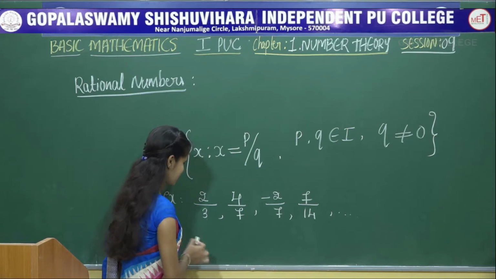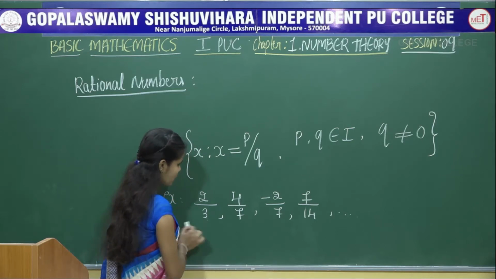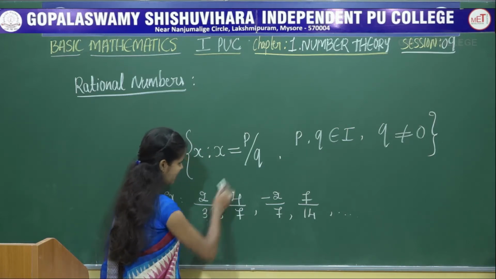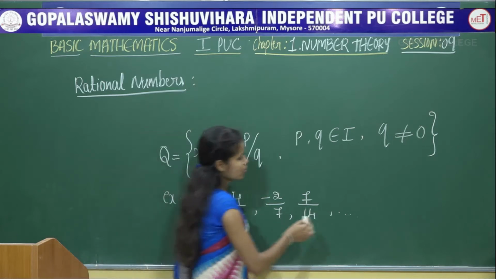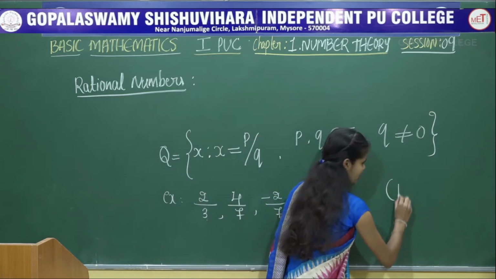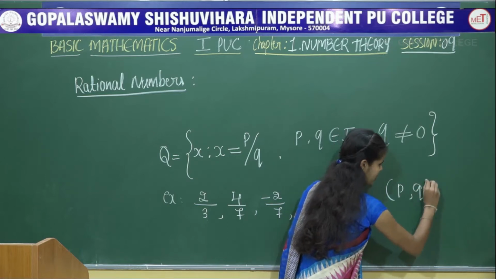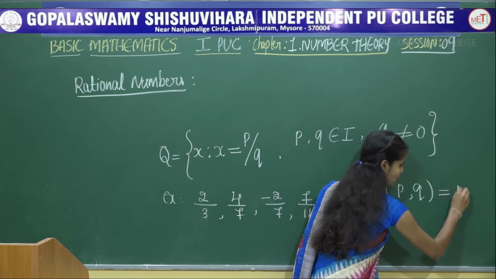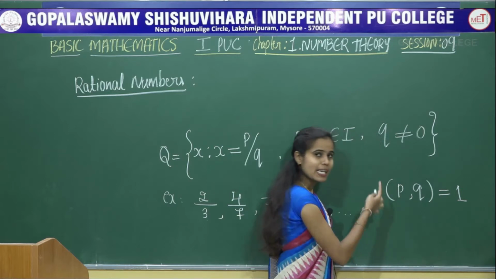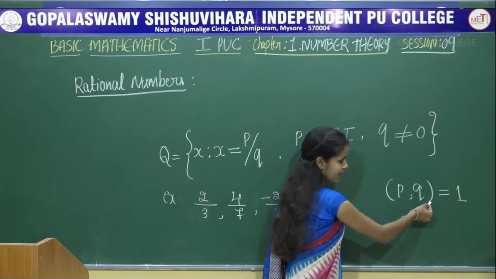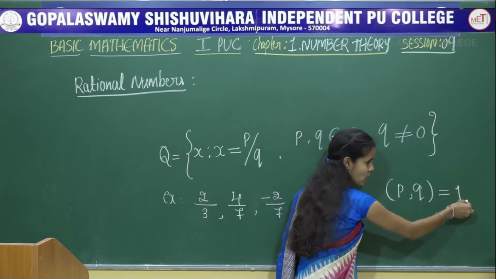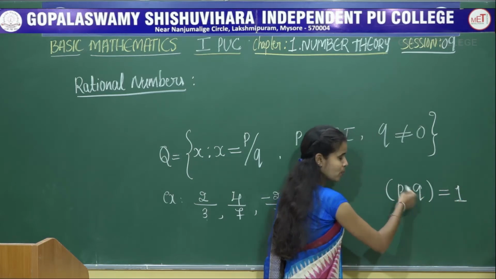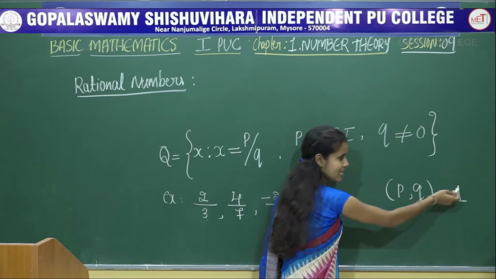Okay. Here observe, suppose a rational number is in the form of P by Q. Suppose the GCD of P and Q is equal to 1. GCD means greatest common divisor. The greatest common divisor is 1 means P and Q have no common divisors other than 1.